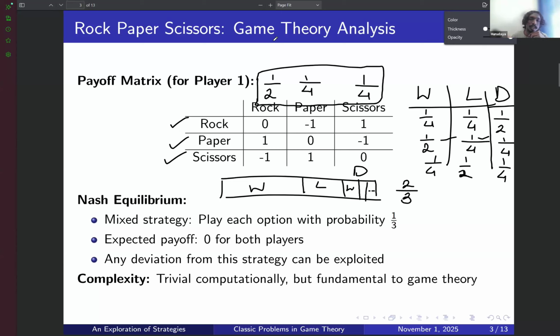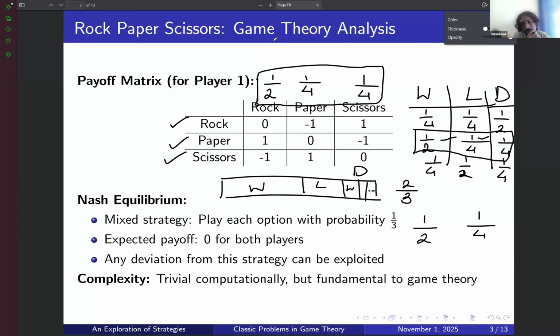Does everyone understand how this comes in rock paper scissors? If you have any doubts, just let me know in the middle. Don't wait for me to ask. Can you repeat how we get 2/3 probability? Okay, so we're just looking at this row. My win probability for that row is half, and my loss probability is 1 by 4.